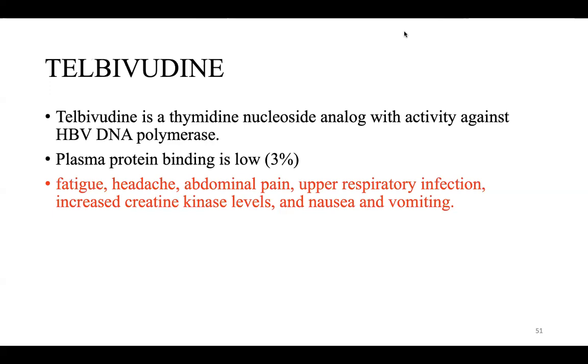Both uncomplicated myalgia and myopathy have been reported, as has peripheral neuropathy. As with other nucleoside analogs, lactic acidosis and severe hepatomegaly with steatosis may occur during therapy, as well as flares of hepatitis after discontinuation.